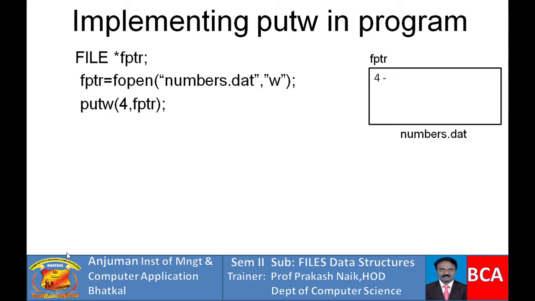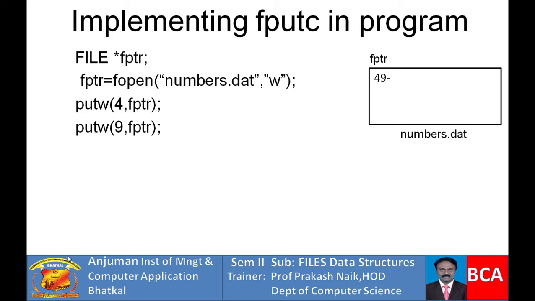On the right hand side, you can see that 4 can be seen on the screen. That means 4 is written to numbers.dat. Next, putw 9 comma fptr. So what happens is, apart from 4, 9 also is added to the file. So this is a simple program that will add content to a file.